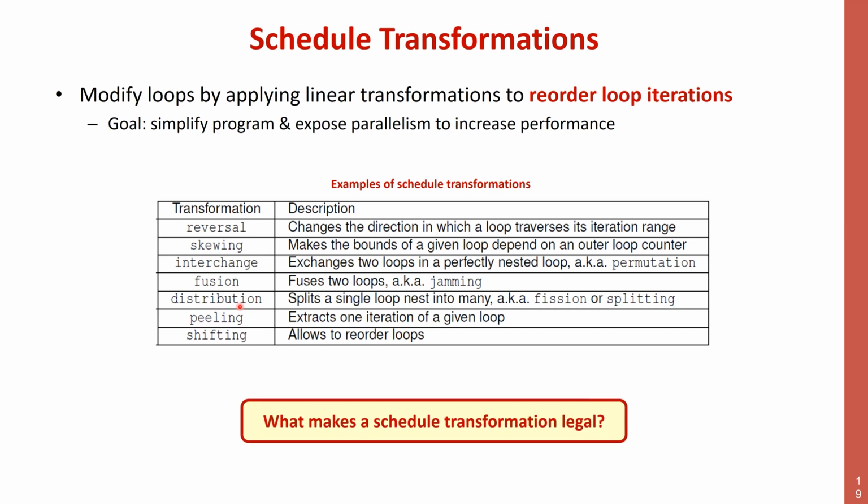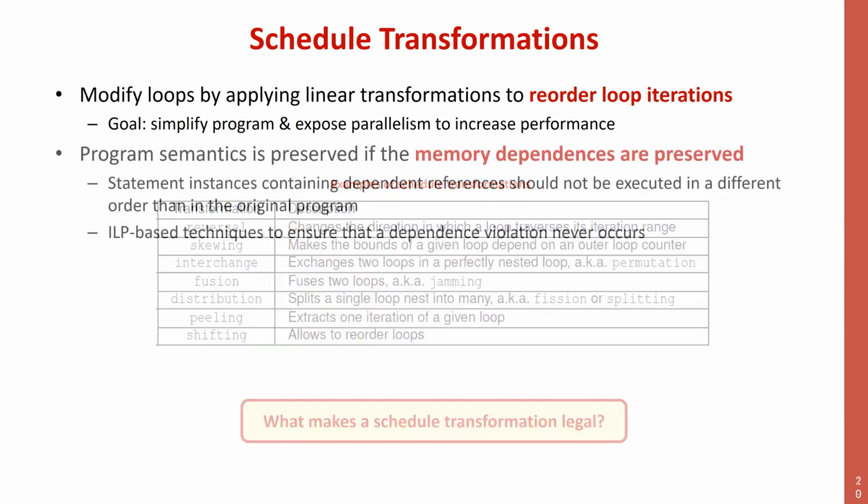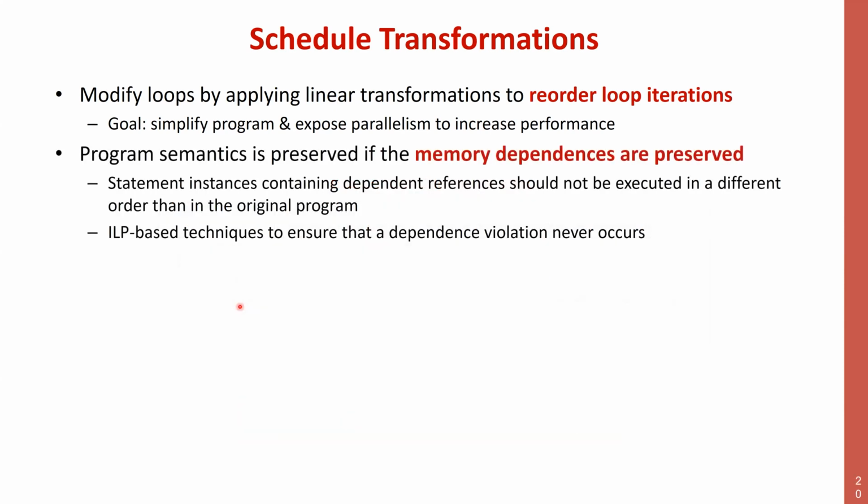And one of the key issues is, okay, I can transform the schedule, I can change the loop bounds, the order I do the different iterations, but what makes my transformation legal? And the answer is relatively simple, right?